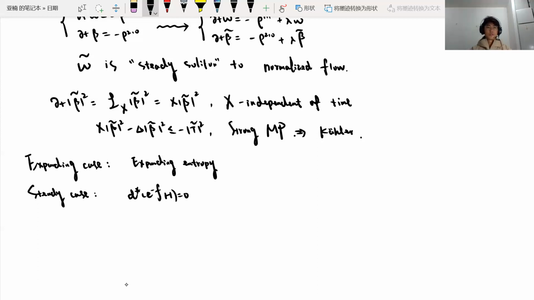So if we add the assumption, then by direct computation, you know it must be Kähler.